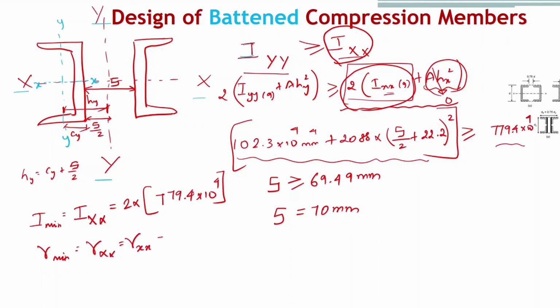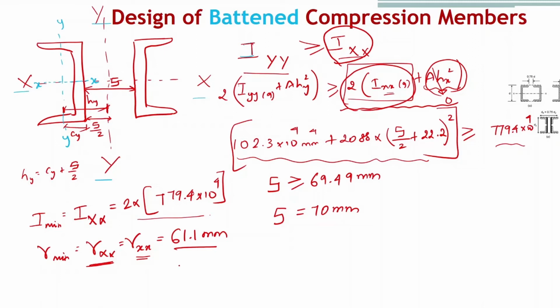Please refer the previous design numerical on laced compression member. We have discussed how the global radius of gyration about xx and the local radius of gyration of one channel, R small xx, will be equal. Okay? So which is 61.1 mm. This is the minimum radius of gyration and minimum moment of inertia.